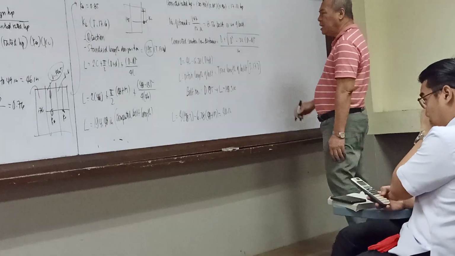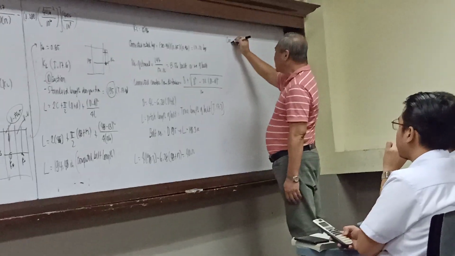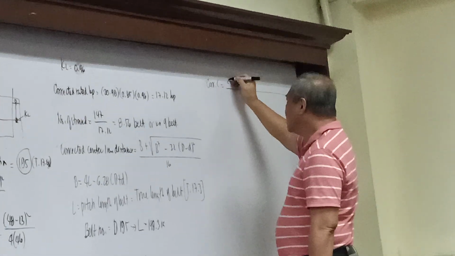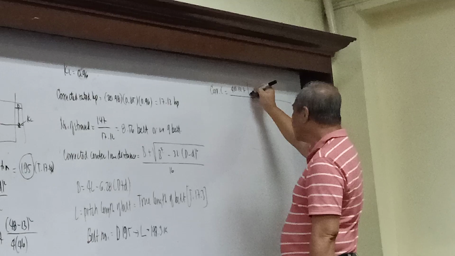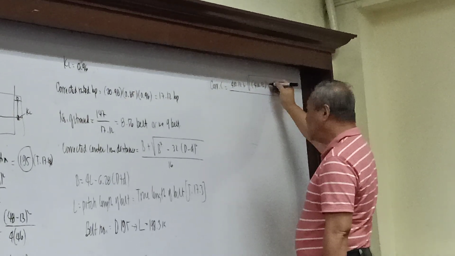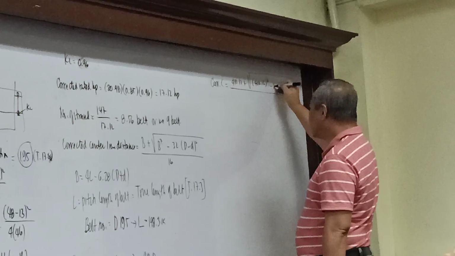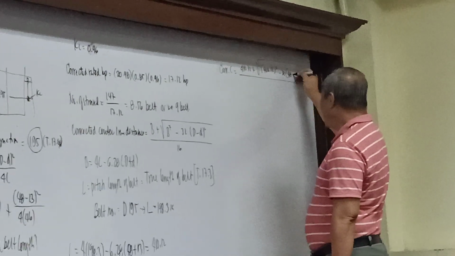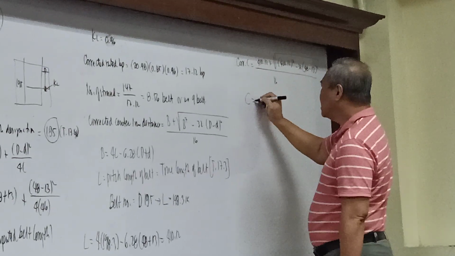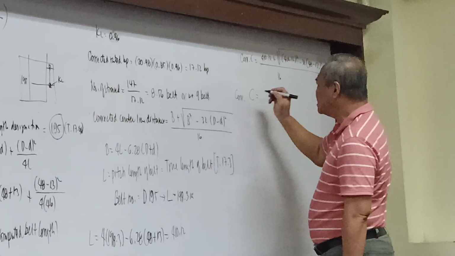So B is 410.12. Okay, kung alam ko na yan, therefore, the corrected center line distance will now be equivalent to this. So, 410.12 plus square root of 410.12 squared minus 32 (48 minus 13) squared all over 16. Anong corrected center line distance natin?